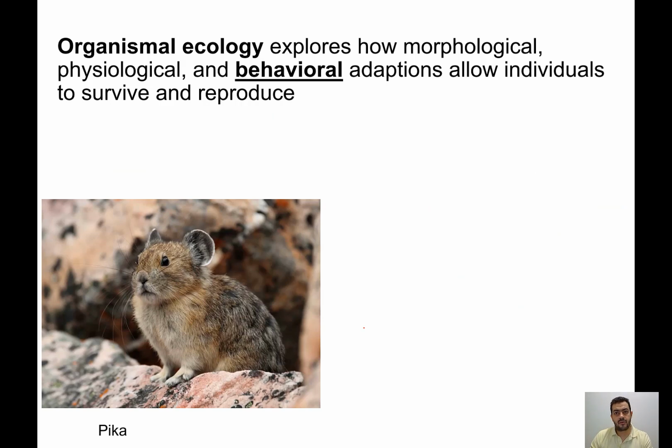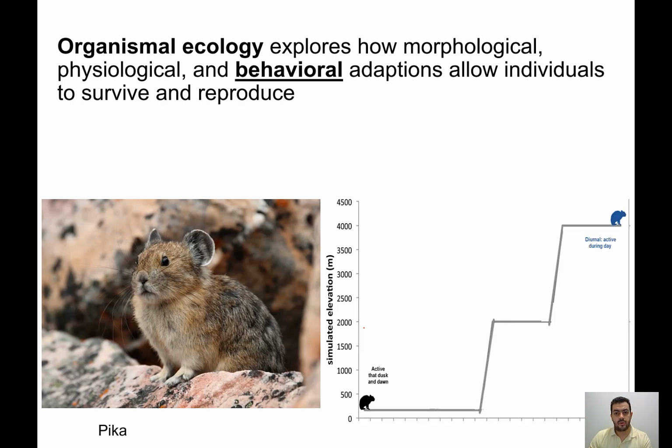Moving on to the third type of adaptation that we may see in organisms. So now we have behavioral adaptation. We can see this in the pika. So usually the pika is a diurnal organism, meaning that it is active during the day. We can see this kind of behavioral characteristic in this pika that lives in the mountain.